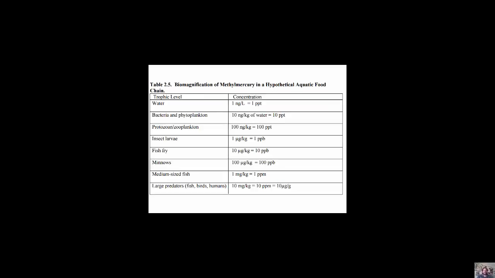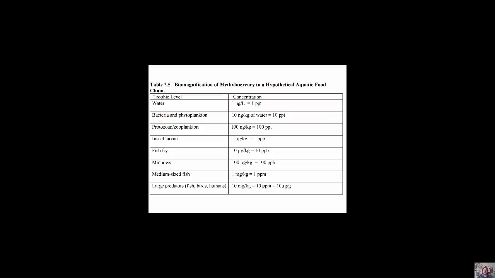Here's a great example of concentrations at trophic levels. So methylmercury in an aquatic food chain, a hypothetical aquatic food chain, right? We have 1 nanogram per liter, 1 part per trillion. And then it's absorbed into the various living things like bacteria and phytoplankton, 10 parts per trillion. And then organisms start eating them, get 10 times as much.